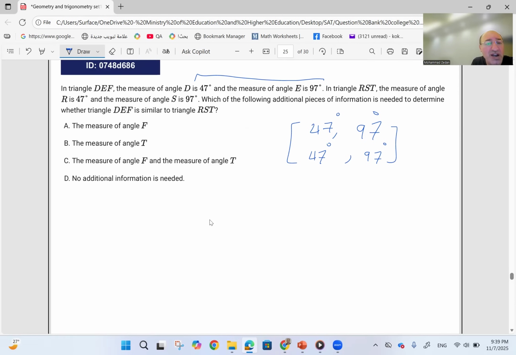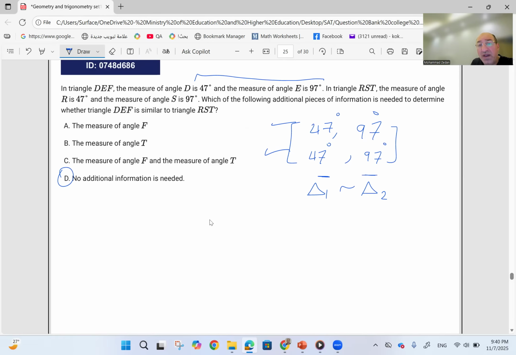So no additional information is needed. One of the famous theorems for two triangles to be similar: if two angles in the first triangle are congruent to two angles in the second triangle, then the two triangles are similar. Because the third angle will already be the same, since the sum of angles in any triangle is 180.